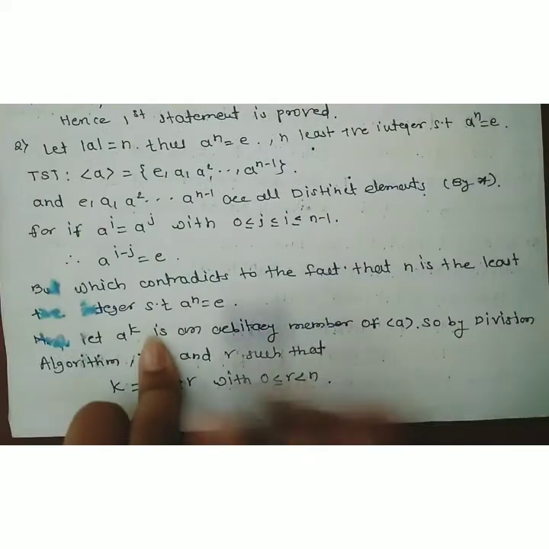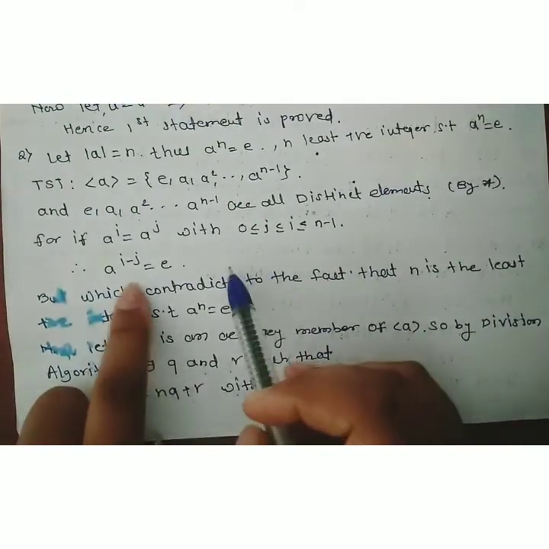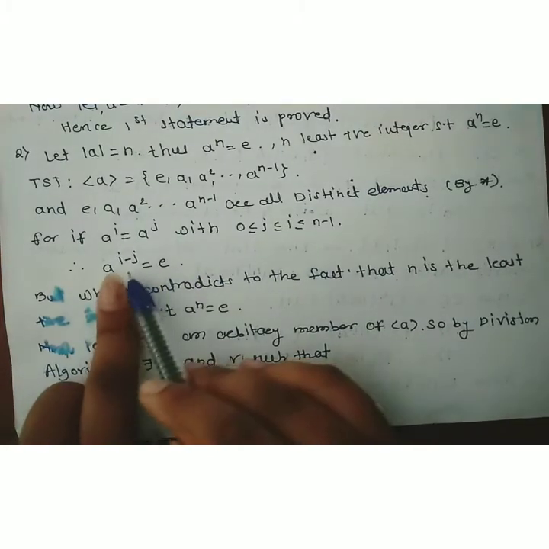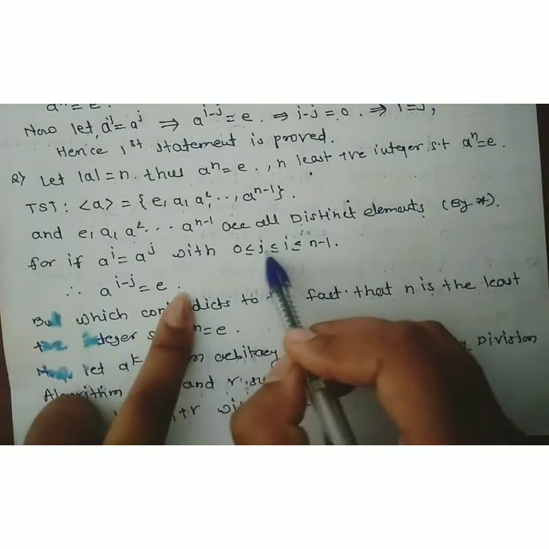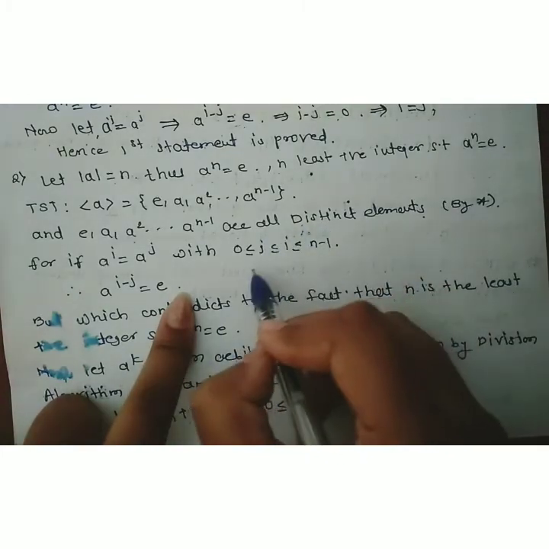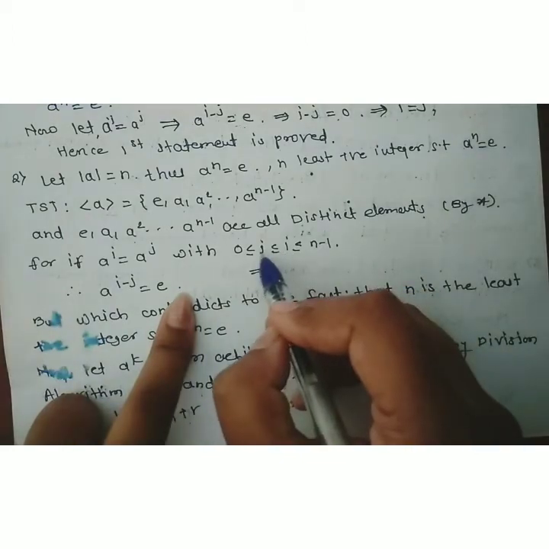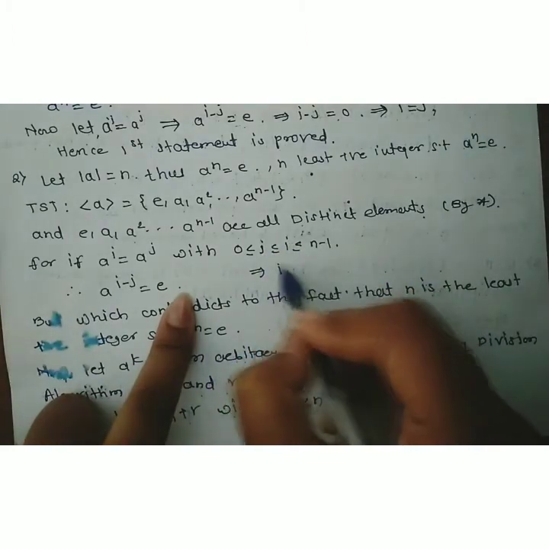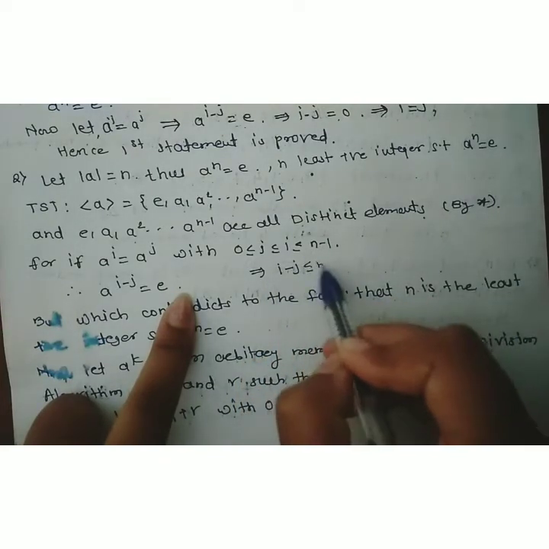But here we look at those elements. Here we have a to the power i minus j is equal to identity, since 0 is less than or equal to j, less than or equal to i, less than or equal to n minus 1. From that we have i minus j; if this j is moved to that side, then i minus j should be less than or equal to n minus 1.